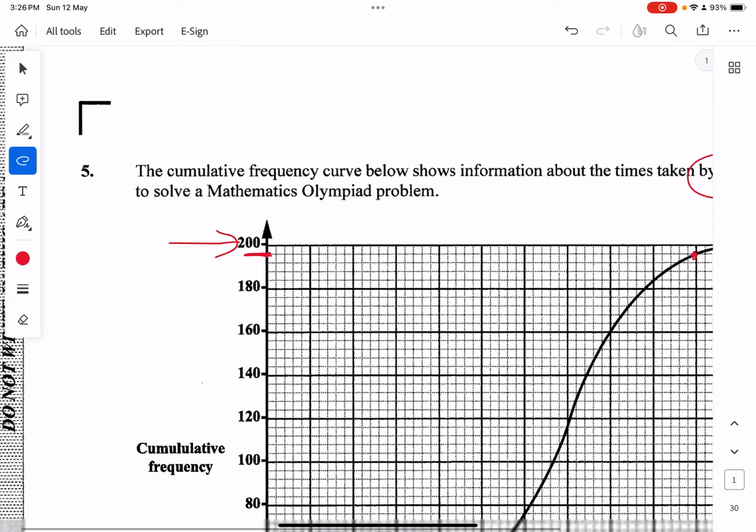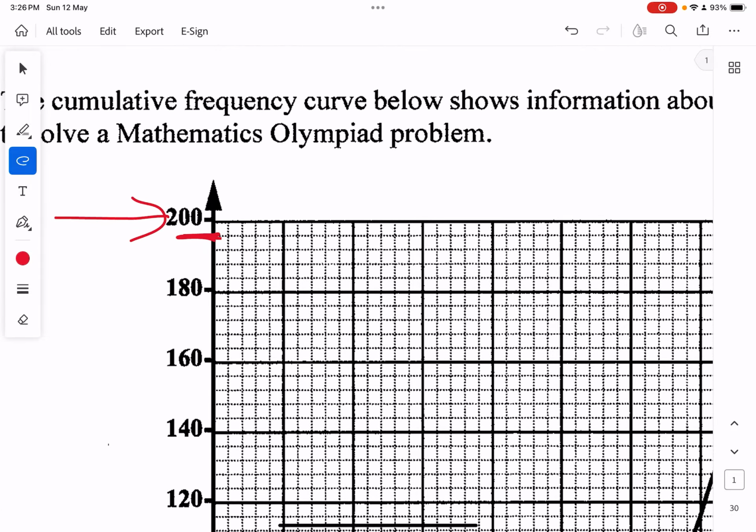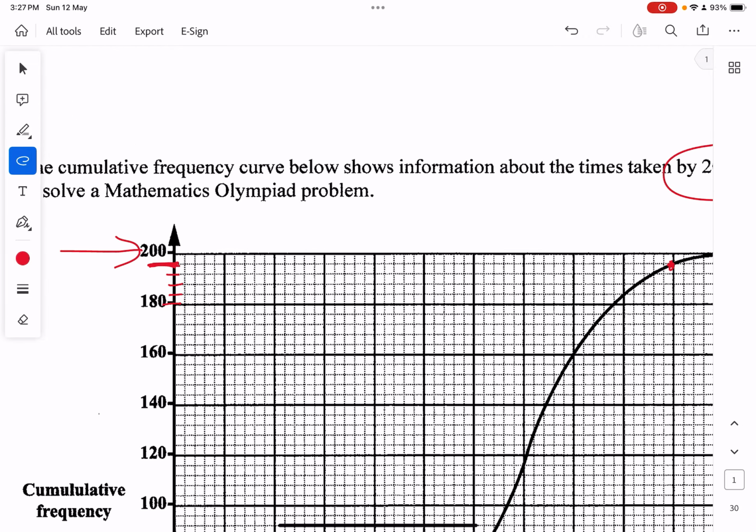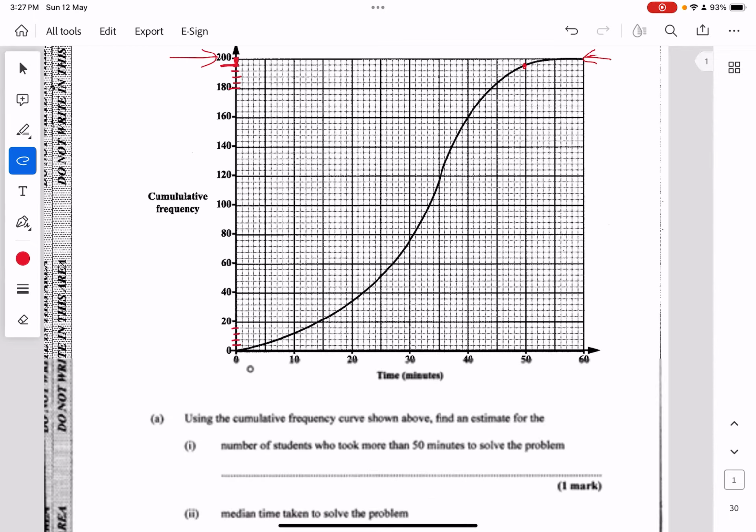So if each one of those represents 4 units, and this line is 180, here would be 184, here would be 188, here is going to be 192, and here is going to be 196. So therefore, the amount of students who would have scored more than 50 is represented by this space here, which is just 4 students. So your answer here is going to be 4 students.